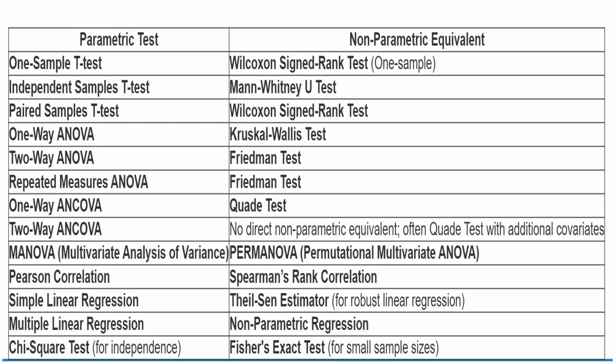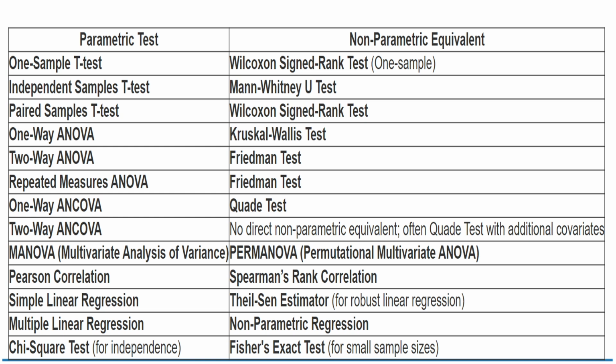For one-way ANOVA, the Kruskal-Wallis test, for two-way the Friedman test, and for repeated measures also the Friedman test. For one-way ANCOVA you can go for the Quade test, and for two-way ANCOVA there is no direct non-parametric equivalent, often the Quade test with additional covariates.